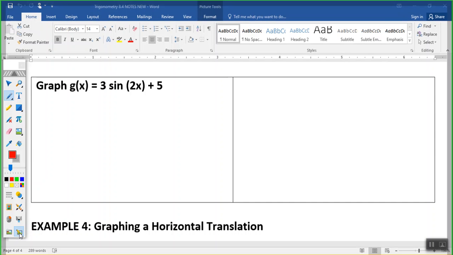What's the amplitude in this example, kids? 3. All right. What is the period? Okay, how'd you get pi? 2 pi divided by what here?